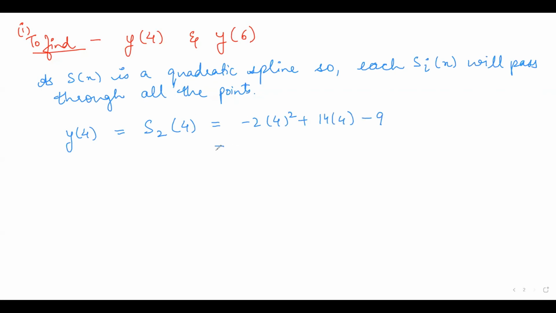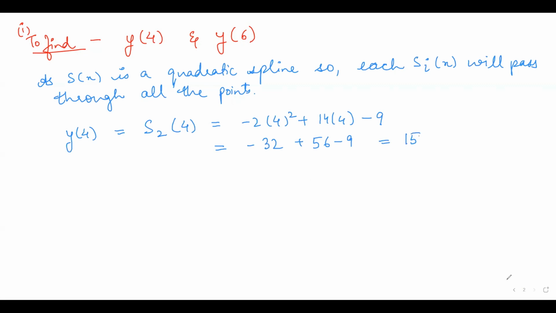When we calculate, this is coming out to be minus 32, and the final answer that we get here is 15. So this is the value of y at 4.